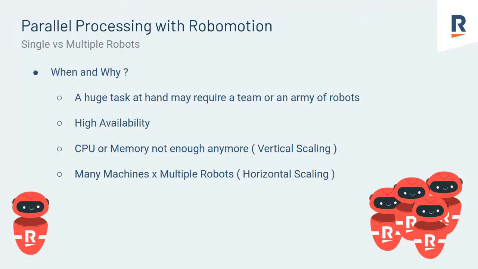So this is actually vertical scaling. You can increase the CPU number and the memory to run that in one robot, but you may also not do that. So you can do horizontal scaling for this task. You can use many machines, and you can install robots on these machines, and you can share that task with multiple robots. One other case may be high availability.